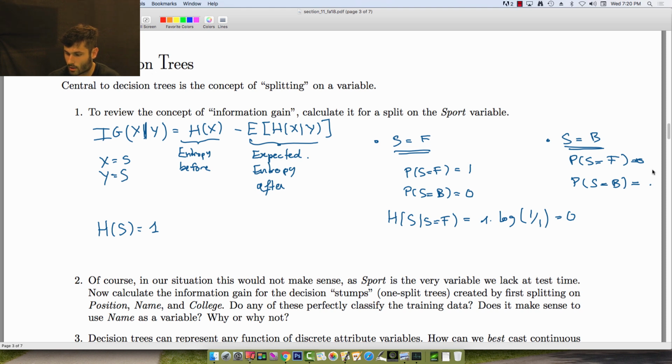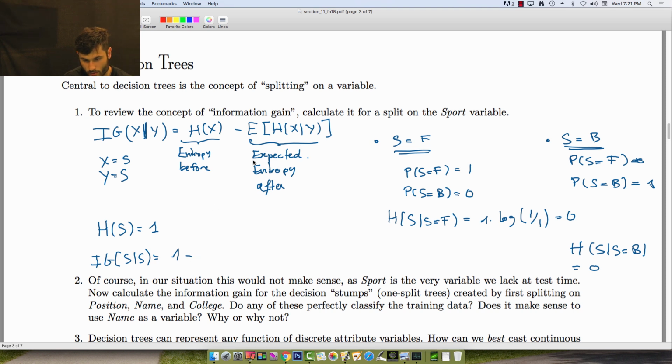So in that case, the entropy of sport given sport is equal to basketball is equal to 0. Then the information gain in this case of sport in sport is equal to 1 minus the expected entropy.